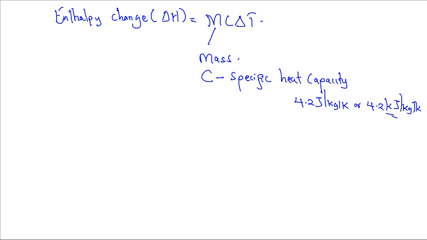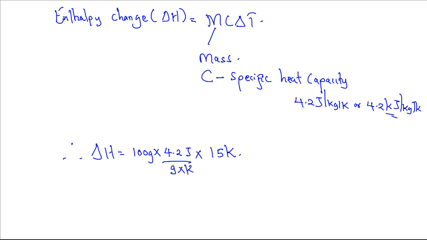Therefore, delta H during combustion of ethanol will be the mass, that is 100 grams multiplied by 4.2 joules per gram per Kelvin times change in temperature, that is 15 Kelvin. The change in temperature is either in Kelvin or degrees Celsius, and that's why we don't need to convert from degrees Celsius to Kelvin.